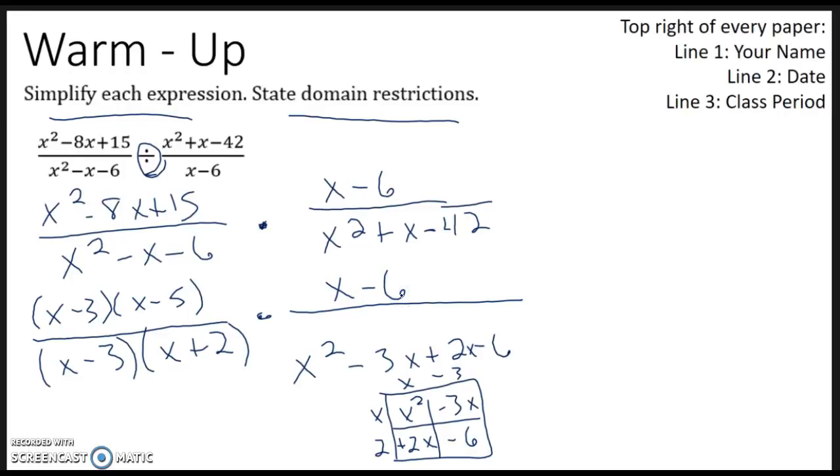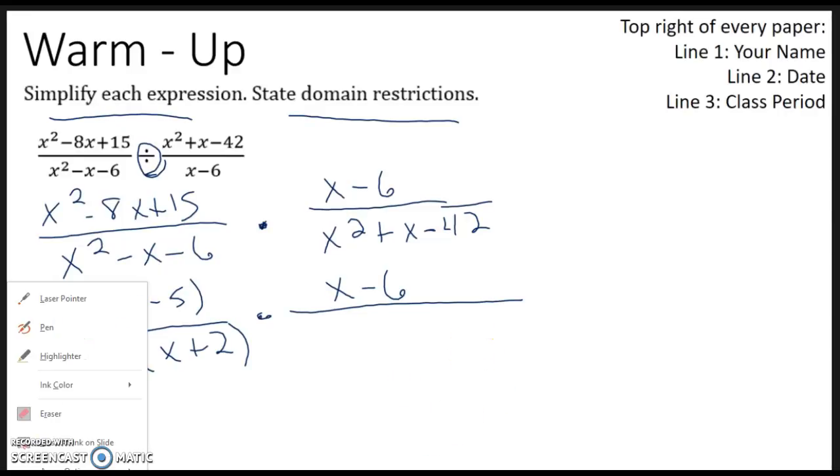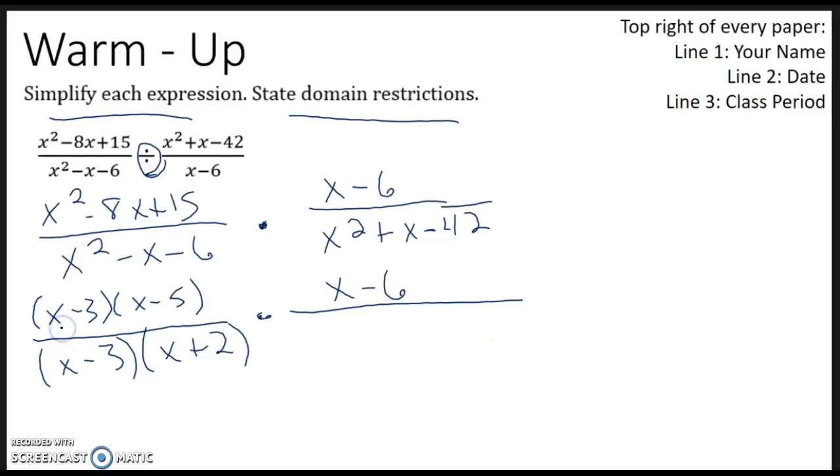All right, that denominator I do need to address, but I need to erase my other box and pants because I need some space. Sorry, y'all. Need to multiply to negative 42, add to a positive 1, so that's going to be 7 and 6.